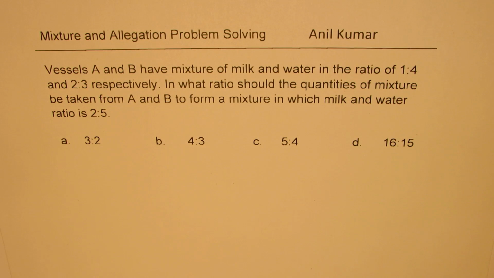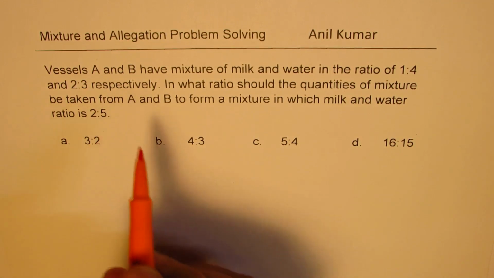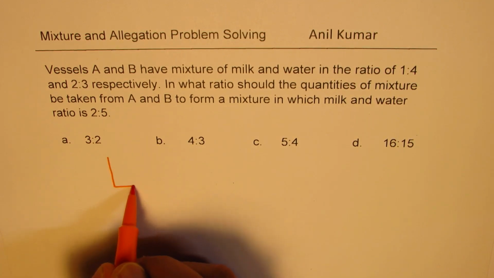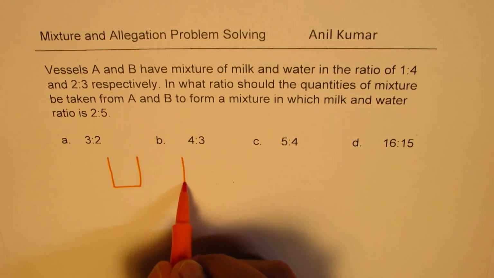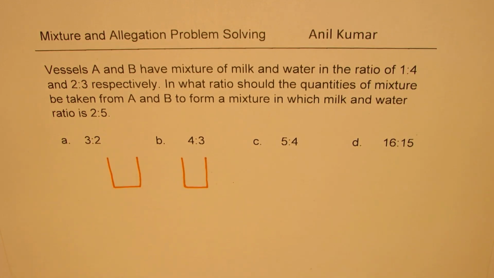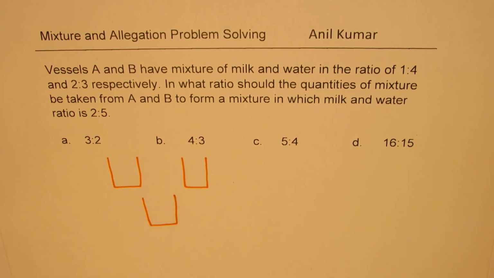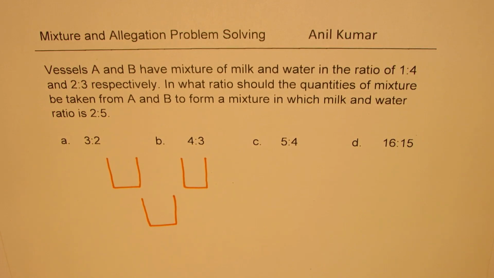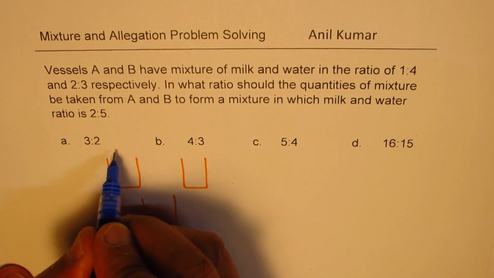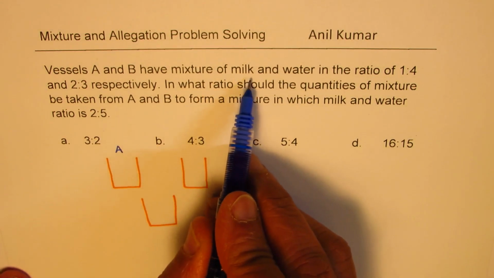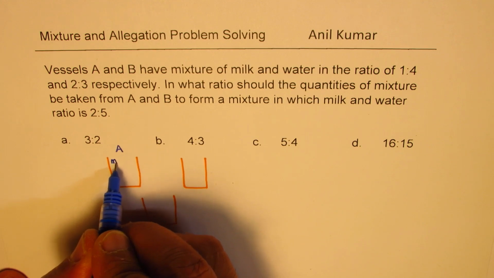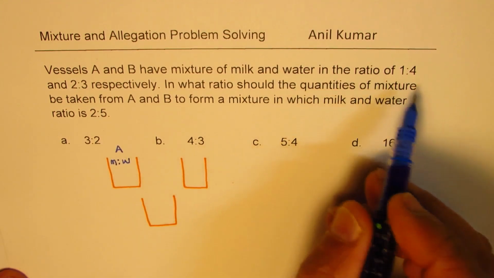So here is my solution to the standard mixture problem. We are talking about 2 vessels A and B. Let us say these are the vessels A and B. What we do here is we take amounts from them and mix them in vessel C. Vessel A has a mixture of milk and water, and the ratio of milk to water is 1:4.